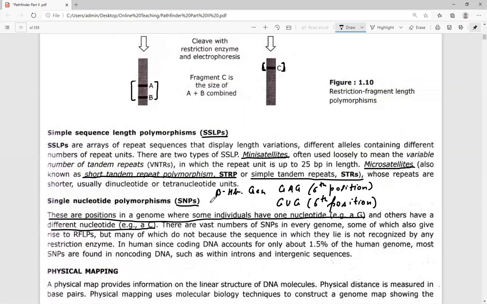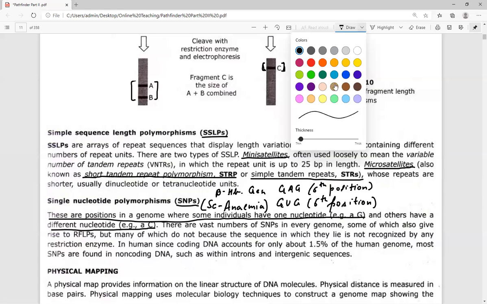This is normal hemoglobin, and this would be referred to as sickle cell anemic hemoglobin that would be produced at the place of GAG. GUG is being produced. This is the sixth position. So at this particular location, there has been a single nucleotide polymorphism.